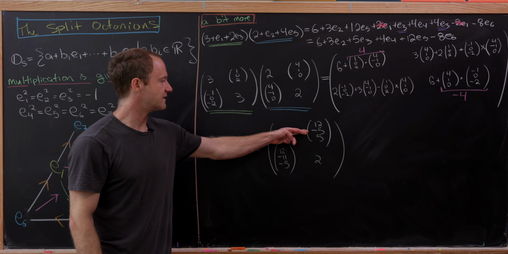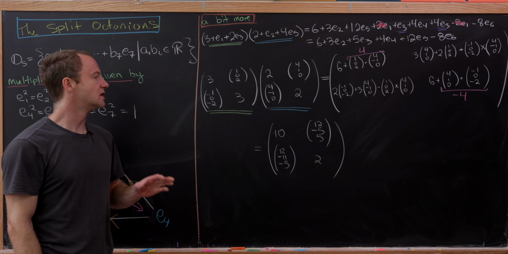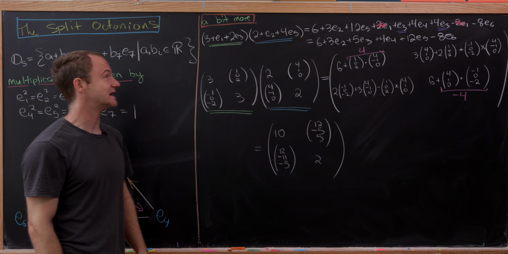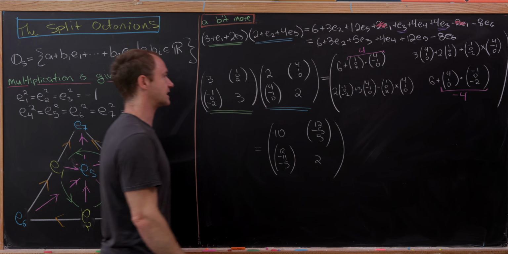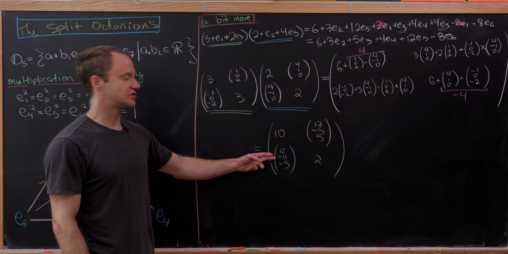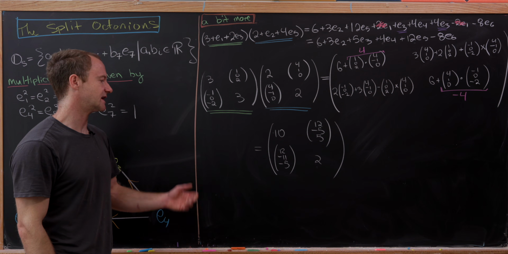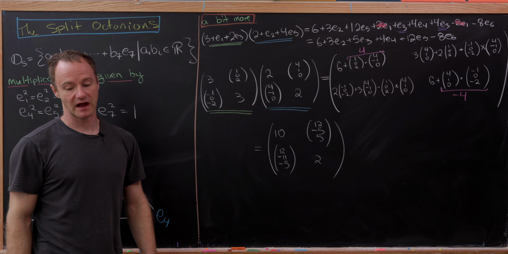And then let's recall that this second entry of this vector was the coefficient of E2 plus the coefficient of E6. So let's see, 3 minus 8 is negative 5. And then that's how we get here too, but it's negative the coefficient of E2. So negative 3 minus 8 is negative 11. And then similarly, we get a negative 5 here and a 5 here, and that works out.